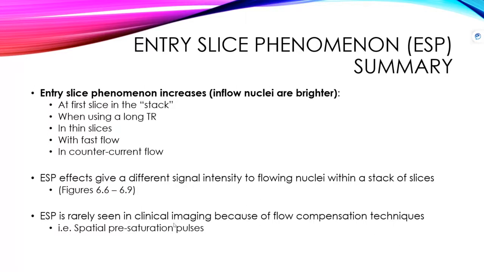However, you hardly ever use it truly because you have flow compensation techniques like pre-saturation pulses, spatial pre-saturation pulses. When you use spatial pre-saturation pulses, you're pretty much eliminating that possibility of slices getting saturated out, or you're eliminating the possibility of slices being fresh. So you can kind of manipulate it in your own way.